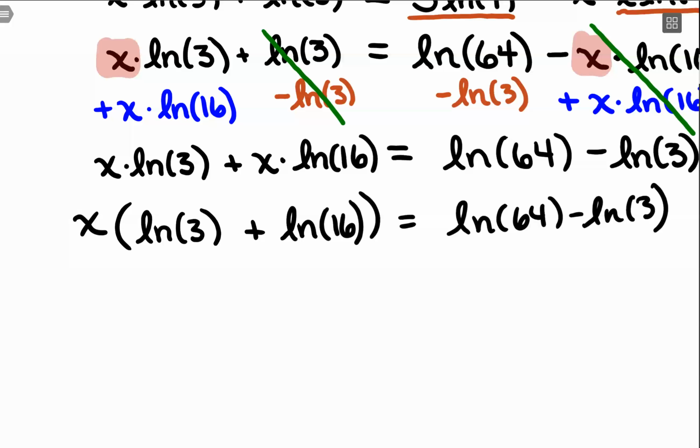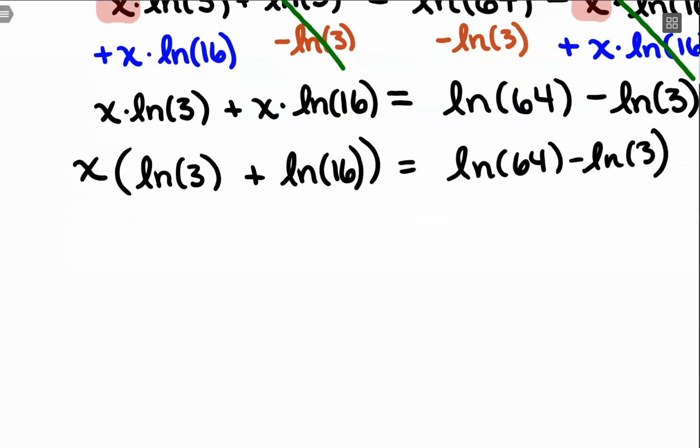We can divide at this point and be perfectly fine, but it might be easier with this step, so whichever you prefer. What I mean by dividing at this point is we would divide both sides by this whole natural log of 3 plus natural log of 16, so you'd have this big denominator here, and that would be your exact answer.